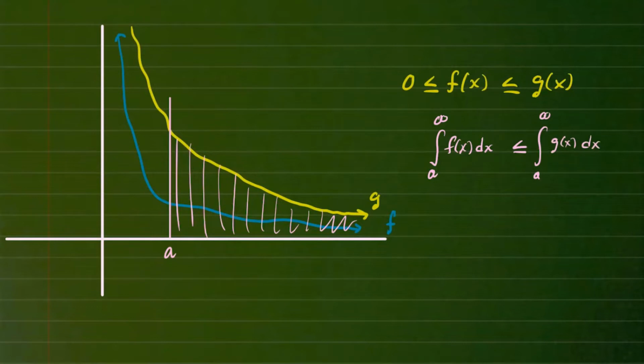Now let's see what happens. So since f lies below g of x, we can write down two important statements.